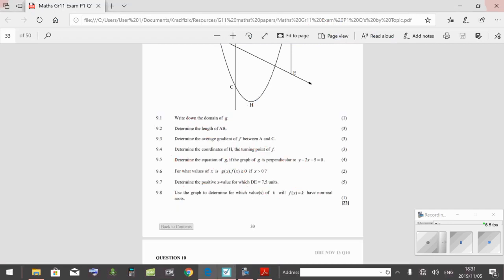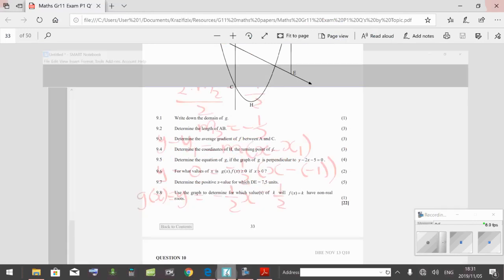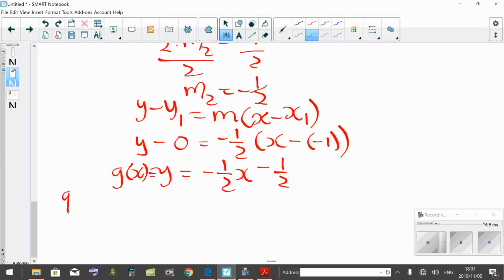For what values of x is g multiplied by f greater than or equal to 0 if x is greater than 0? What a delicious question that we're dealing with here. This is question 9.6.